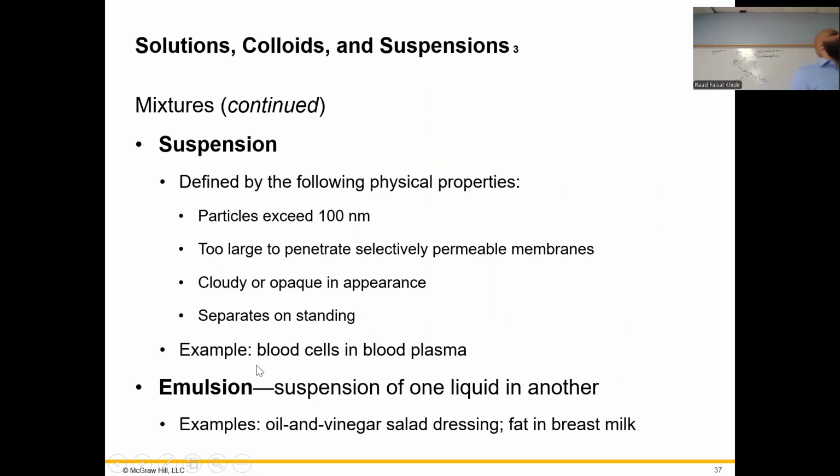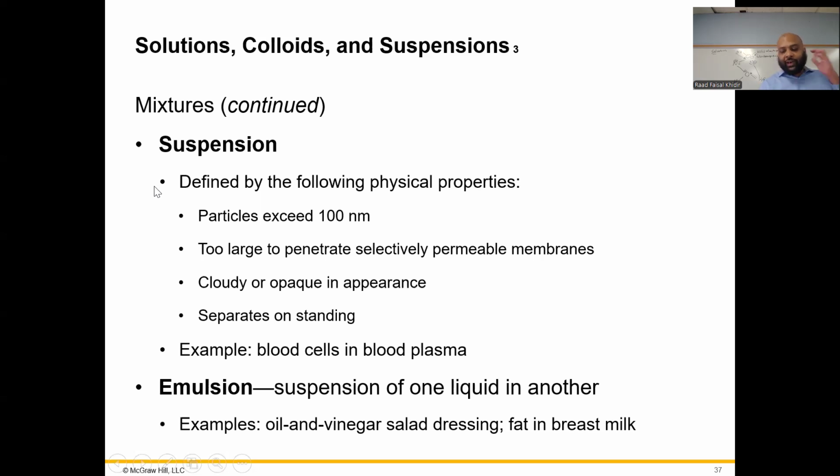So is blood a suspension? Yes, because it has red blood cells in plasma. And an emulsion is when you have one liquid dissolved in another liquid. So now you don't have red blood cells, you have liquids in other liquids like oil and vinegar, or fat in breast milk.